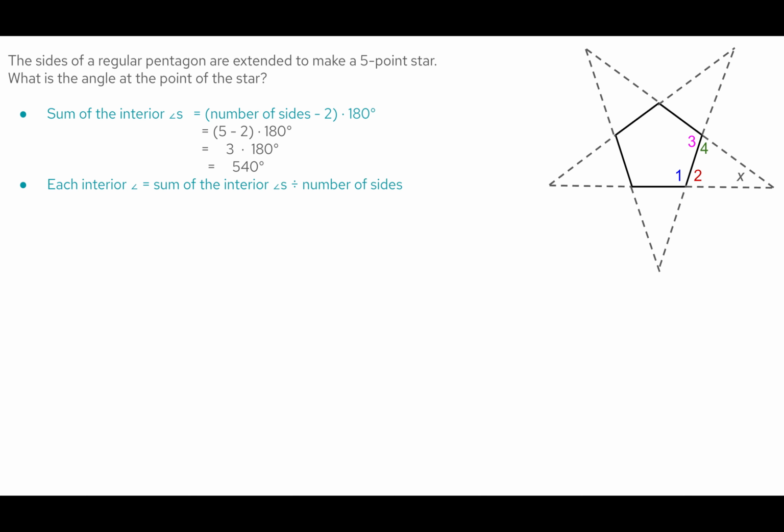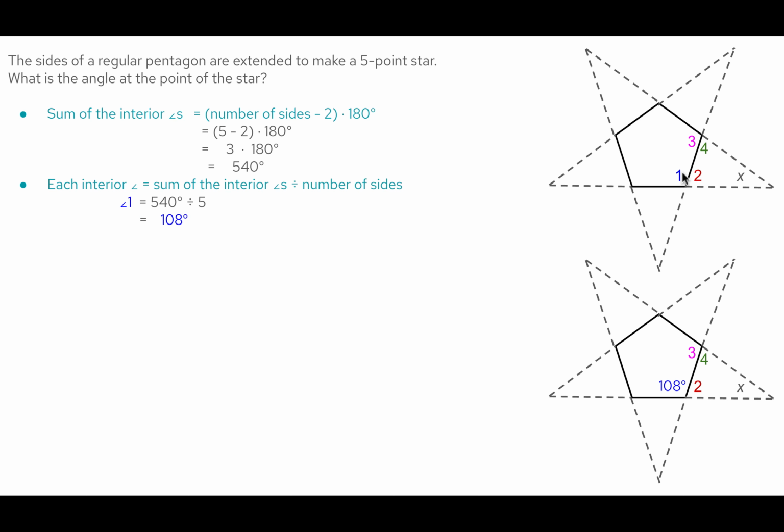I also know that each interior angle is the sum of the interior angles divided by the number of sides. So, since it has 5 sides, angle 1 would have to be the quotient of 540 divided by 5, which is 108 degrees. So I'm going to duplicate the star below, and I changed the number 1 into 108 degrees. So we know this is 108 degrees.